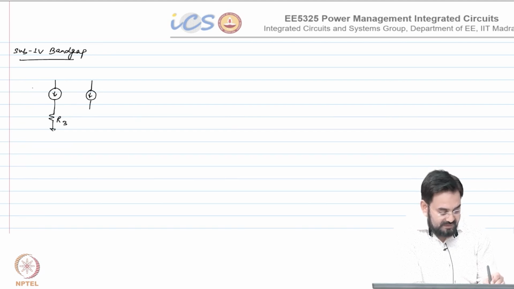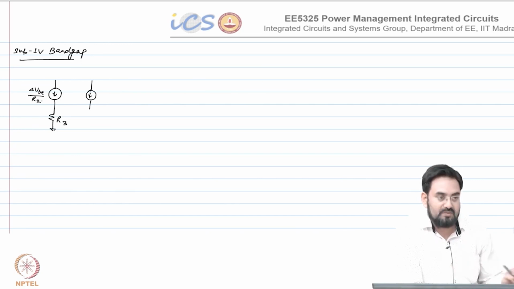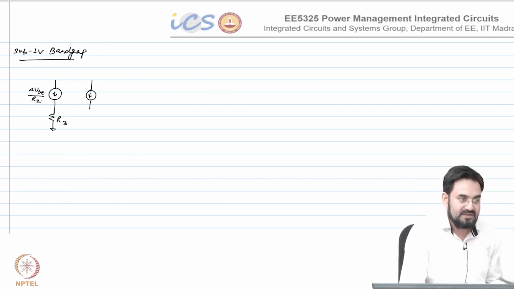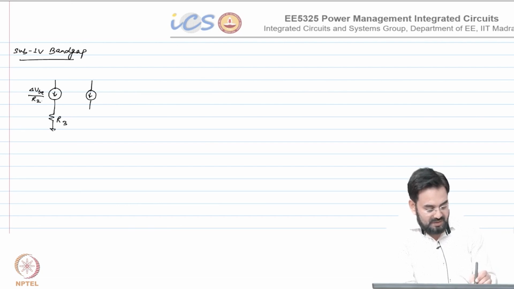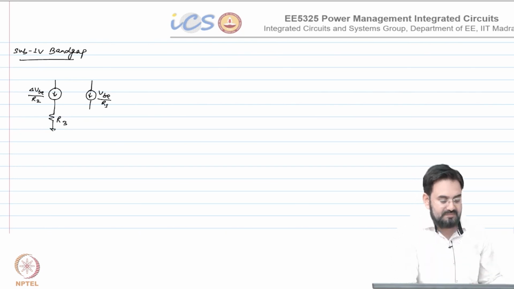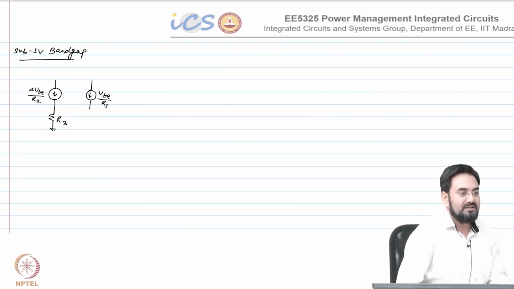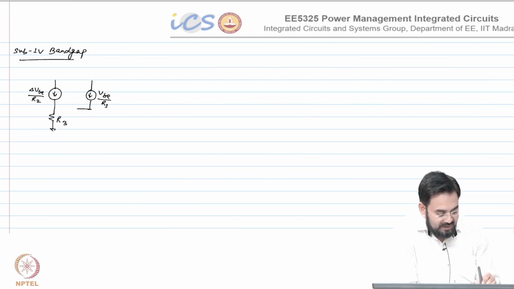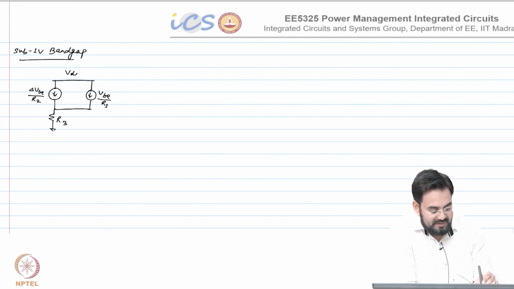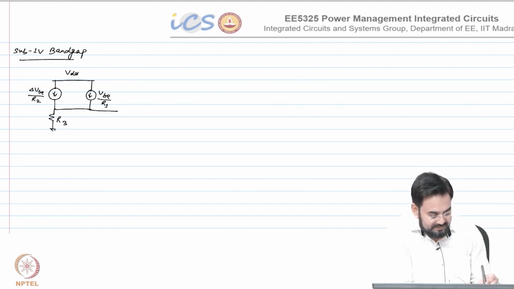So if you remember, this current was delta VB by R2 in standard band gap. Now, we need to have another current source which becomes VB by R1. Now, add them up together, this is your VDD. So, what will be this voltage?